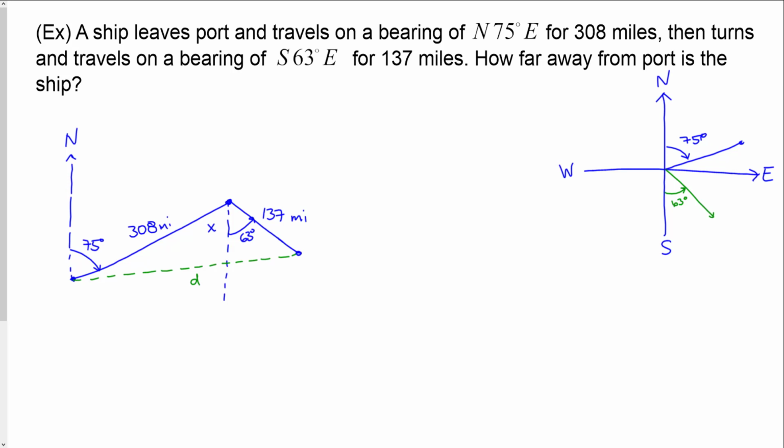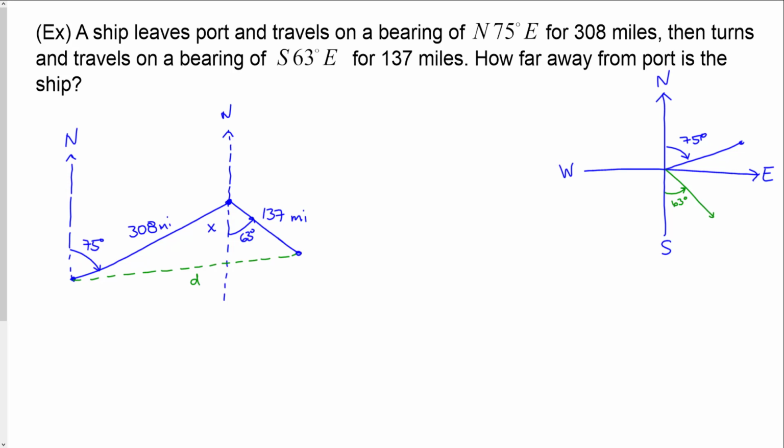What I'm going to have to work with here is a property of geometry that you may have forgotten, but it's a good thing to remember. North-south lines, I'm going to extend this one, are parallel to each other, at least on a small range, they're assumed to be parallel. When you have a transversal, a line that passes through 2 parallel lines, the opposite angles are equal to each other.